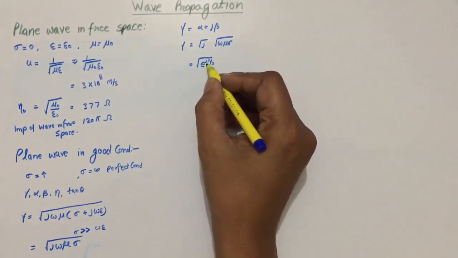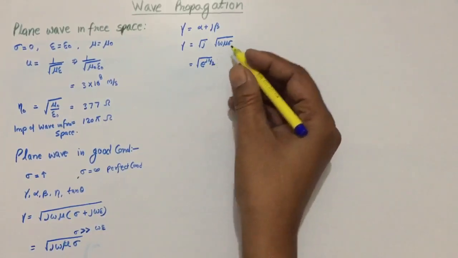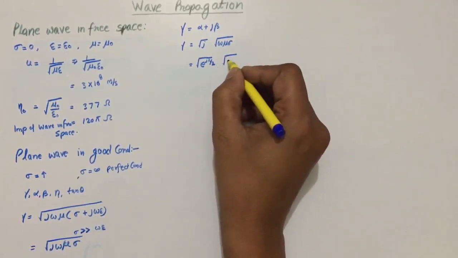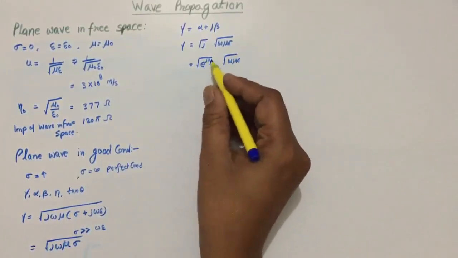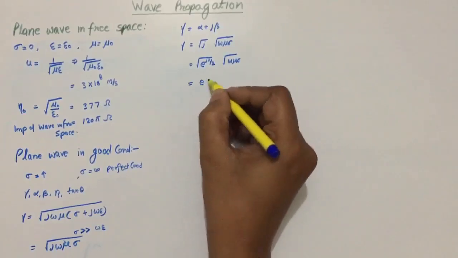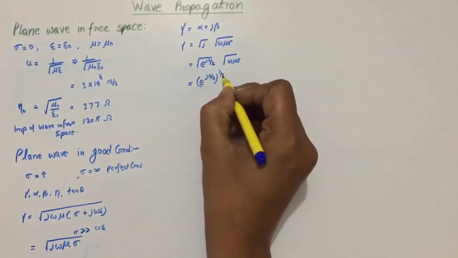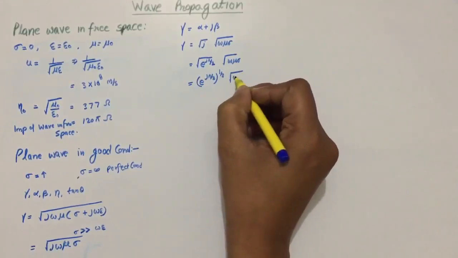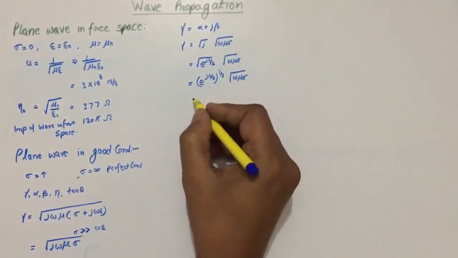E to the power j pi by 2 means cos pi by 2 plus j sin pi by 2, that will be only j, and this term will remain as it is. This can be written as e to the power j pi by 2, to the power half, times root of omega mu sigma. I am just simplifying, only mathematics.